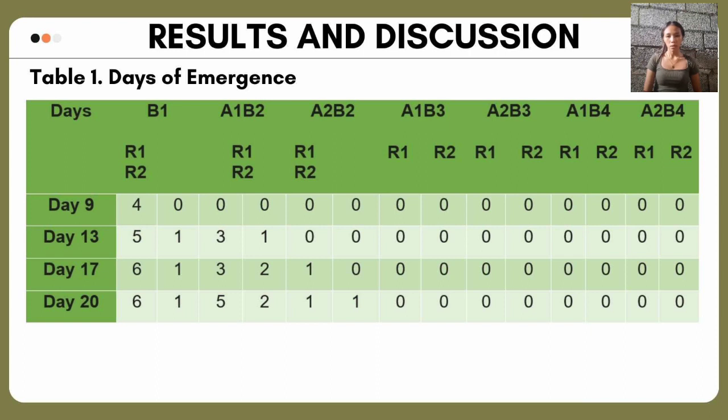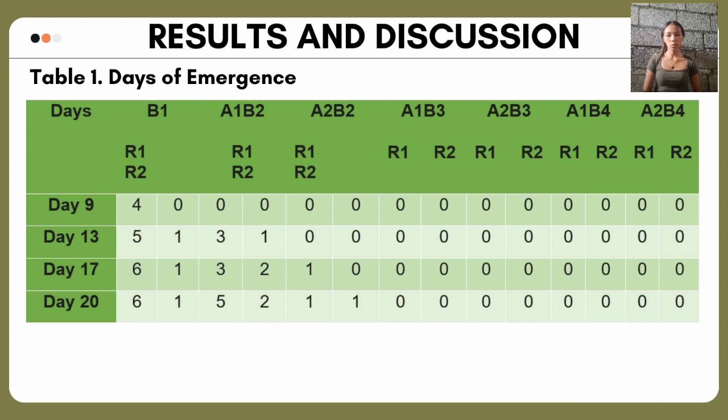Notably, the A2B2 showed a marginal improvement in replication 1, which is 1 out of 10, while replication 2 remained without emergence. By day 20, the control group, or B1, exhibited no additional emergence, maintaining the counts of 6 out of 10 for replication 1 and 1 out of 10 for replication 2.